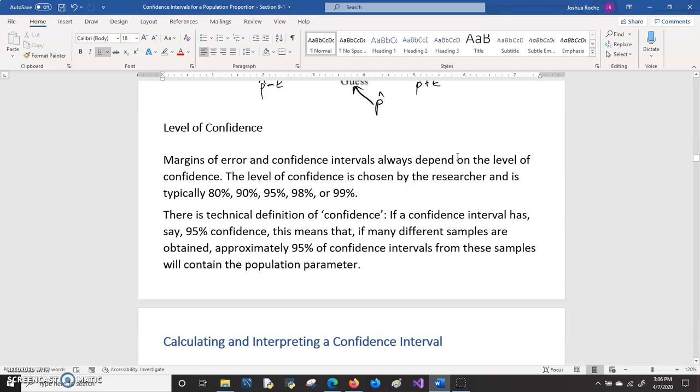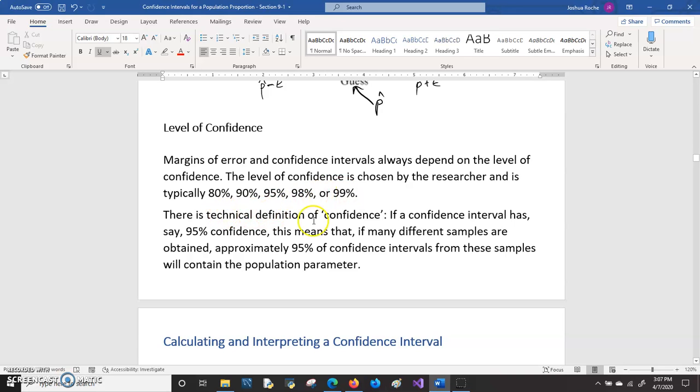Something else that was mentioned in the last video in the example was level of confidence. Margins of error and confidence intervals always depend on this level of confidence. The level of confidence is chosen by the researcher, and is typically 80%, 90%, 95%, 98%, or 99%.